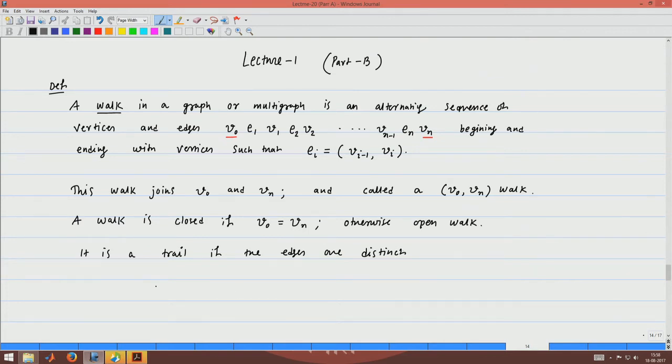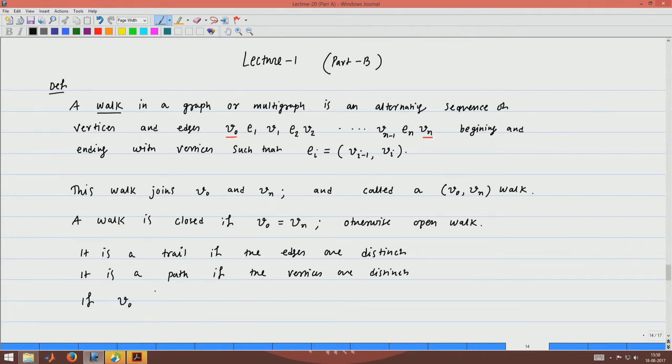I will explain using an example. And this walk is a path if the vertices are distinct, and hence the edges are also distinct.